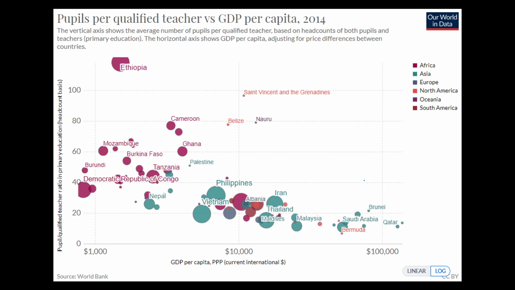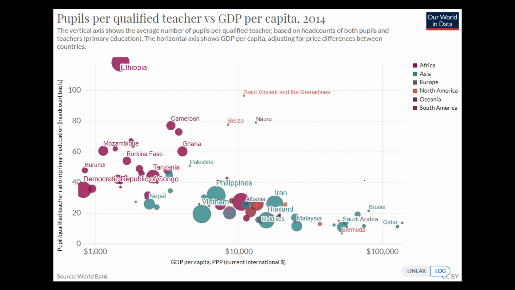So I want to show you some examples in the real world. This specific example is looking at the number of students per qualified teacher versus the gross domestic product, basically the wealth of a country.